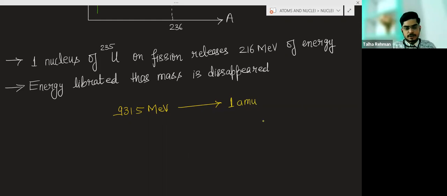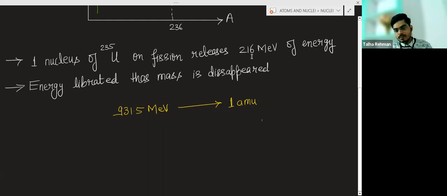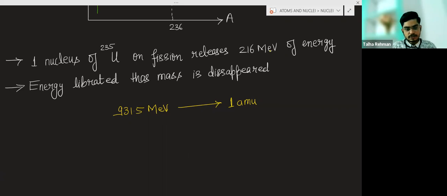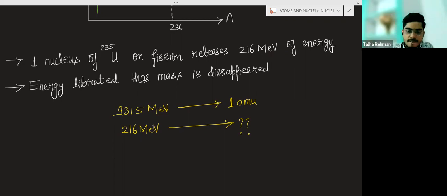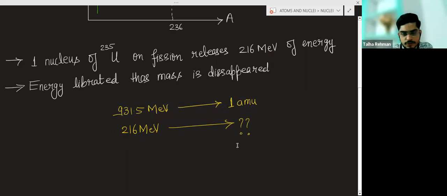Now here, 216 mega electron volt of energy is releasing, and we want to find the mass disappeared corresponding to this energy. Very easy. From this equation you can find it, so take this equation here.